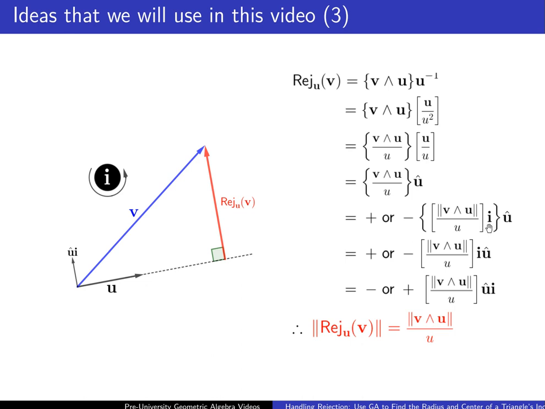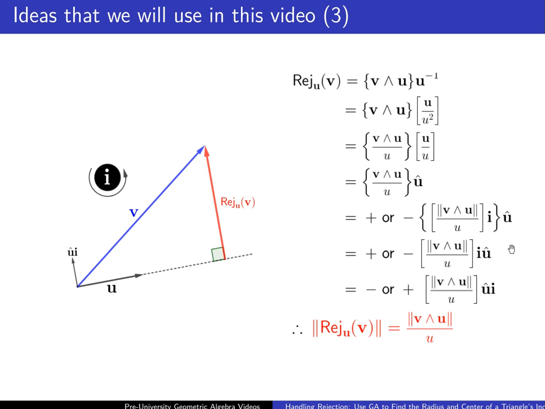But what scalar multiple is that? Well, it's either going to be the positive or negative of the magnitude of v wedge u divided by u. So why is it either positive or negative? Well, if the rotation from u to v is in the same direction of rotation of I, then it will be positive. And if it's in the contrary direction, it'll be negative. So let's move on here a bit.